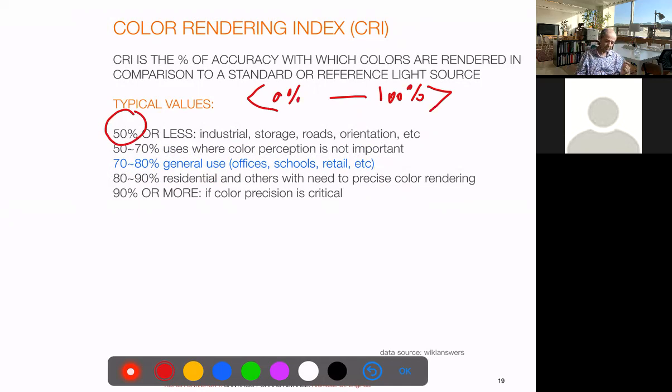In general, they say 70 to 80, but I think 80 is the aim for general use. And this is what we have to have at least in schools, libraries, and places where we need to work. And 80% is not perfect, but we will feel quite comfortable with it. So we'll be able to distinguish quite a lot.